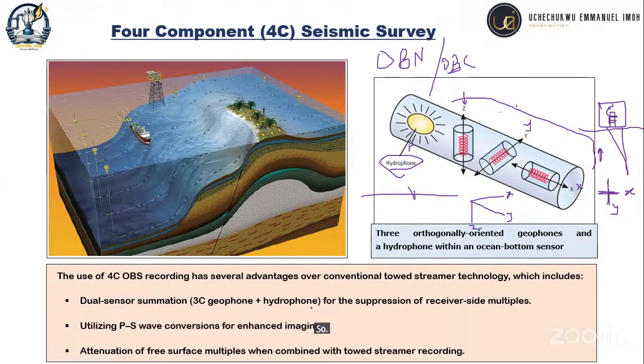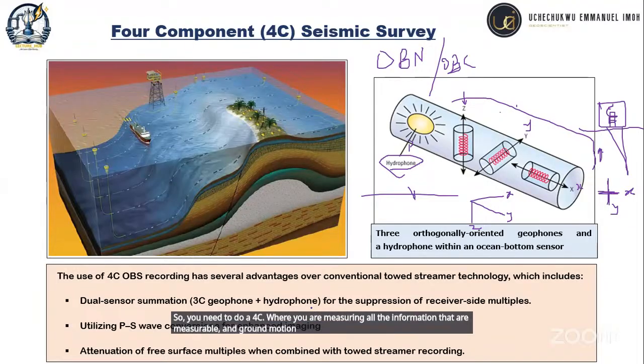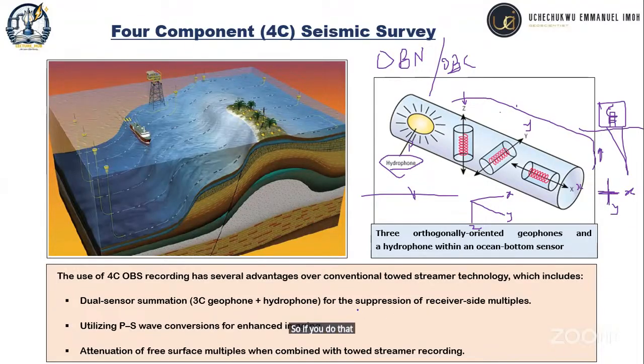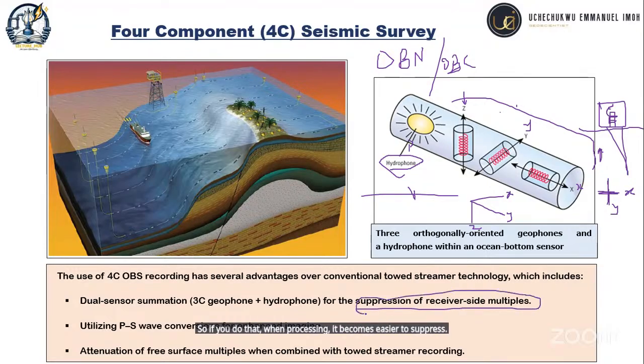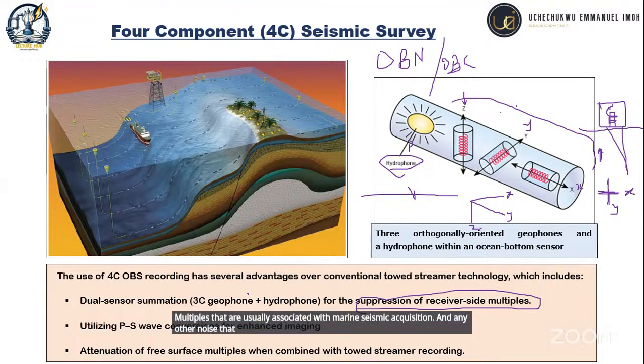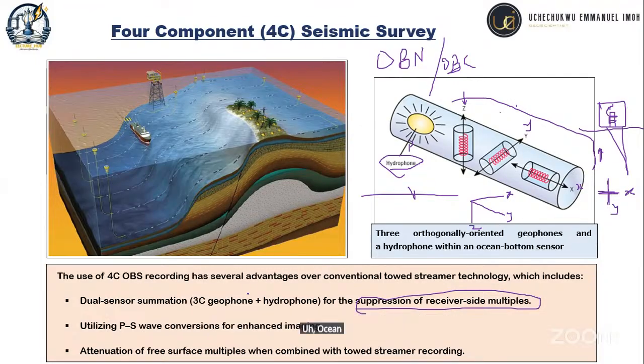So you need to do a 4C where you are measuring all the information that are measurable and ground motion in all directions. So if you do that, when processing, it becomes easier to suppress multiples that are usually associated with marine seismic acquisition and any other noise that may come in contact with your seismic through the ocean water movement and current and all that.